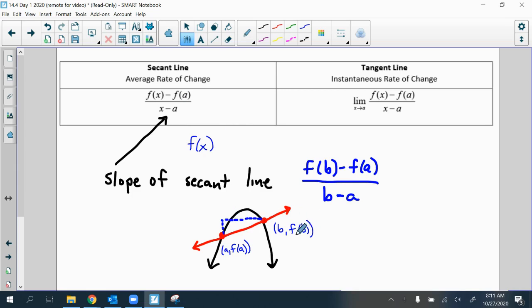So this just represents the slope between these 2 points, and then I can draw a line that goes between those 2 points. That's basically what's going on with a secant line.